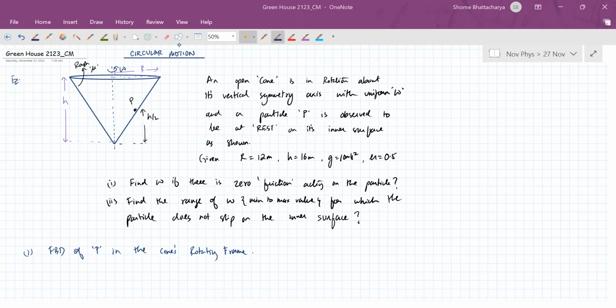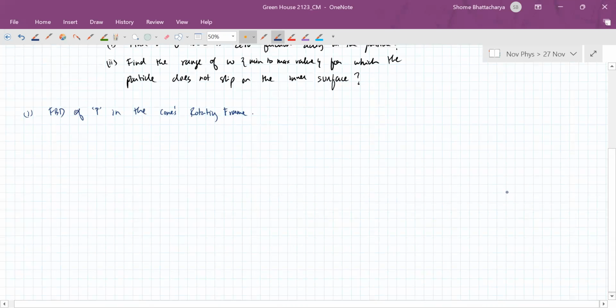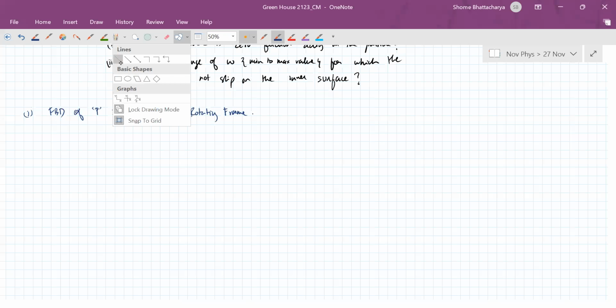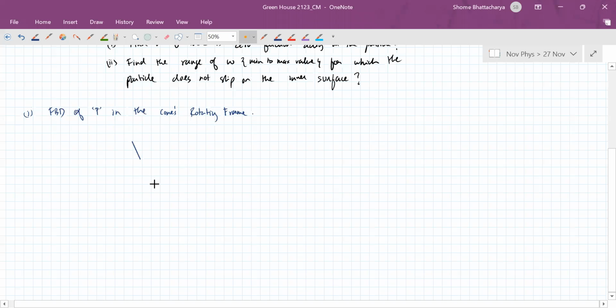Okay, so how many forces are there in the free body diagram for the first part? So the weight of the particle, normal reaction, and centrifugal. Yes, very good. So you have to now solve the equilibrium of three forces problem, right?